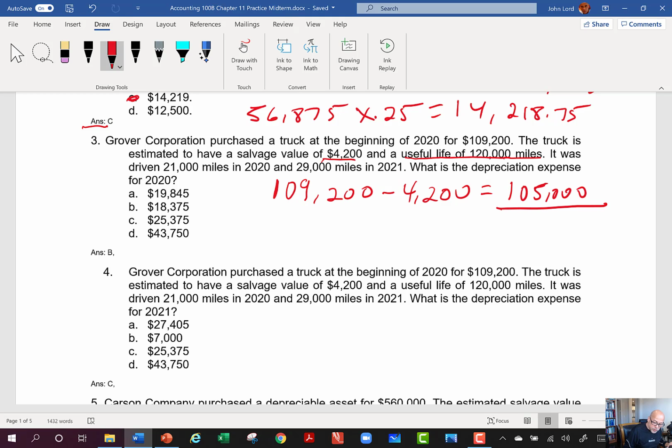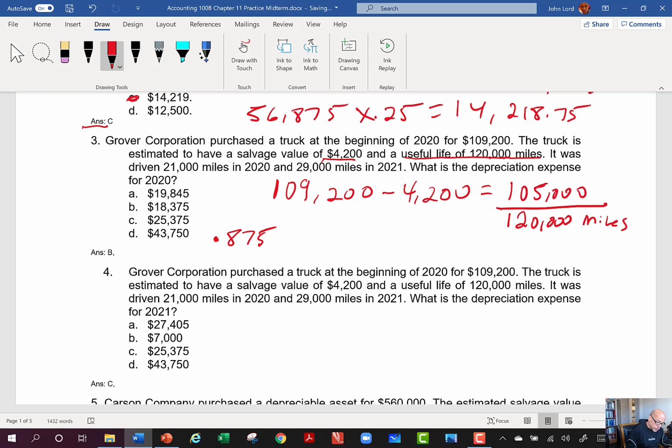I understand that. Okay, so then I go ahead and divide that by the 120,000 miles. And that gives me, and I'm going to go ahead and just put it in my calculator anyway. It's good to verify your calculations. Even if you make the calculation the first time, go back and recalculate and verify that. And so I get 0.875.